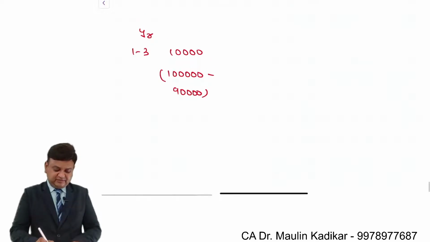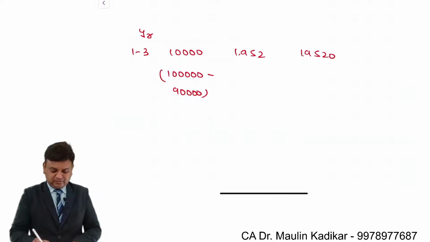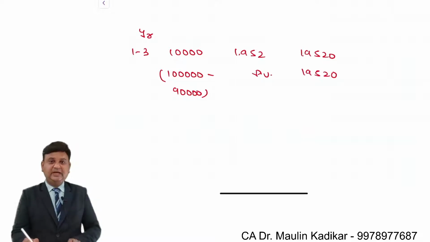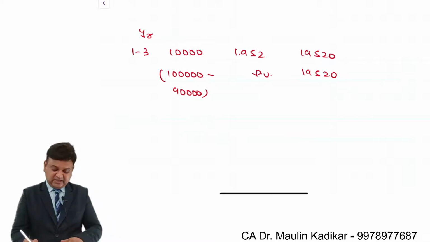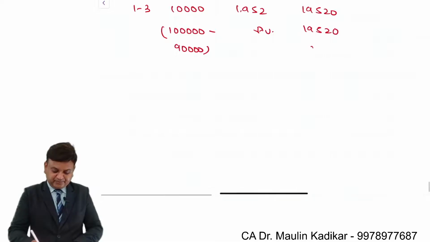This amount of savings is discounted in present value term. So the present value of that is 19,520. And it is exactly the difference between the answer that we have found in the first method. In the first method it is 1,95,200 minus 1,75,680.